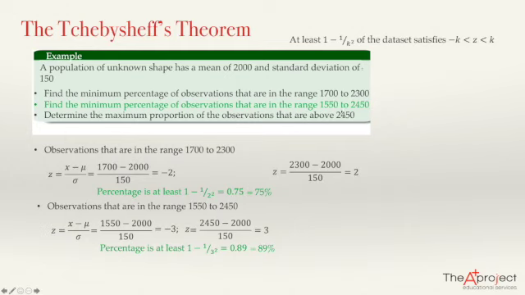To answer the next question, determine the maximum proportion of the observations that are above 2450. We need just to observe that this 2450 is the same number that is here.